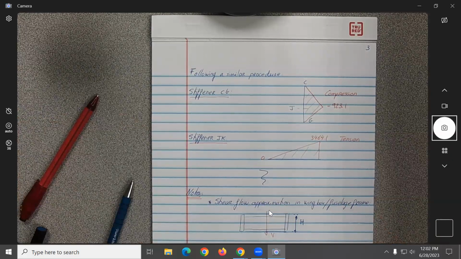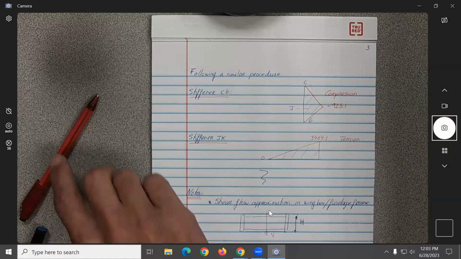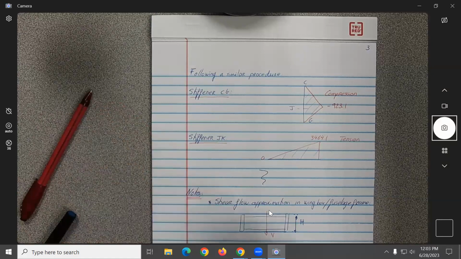So what would be a good estimation for the shear? Okay, Johnny, the shear would be what? If you think about it, what are the units of the shear?